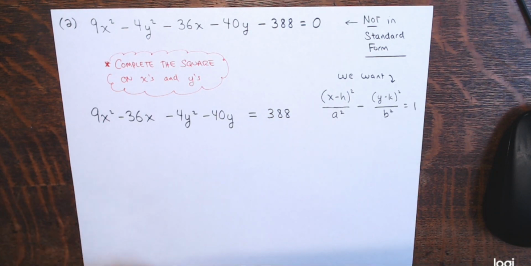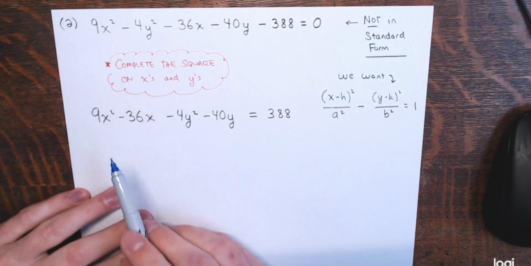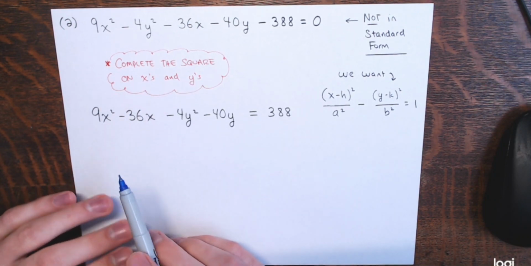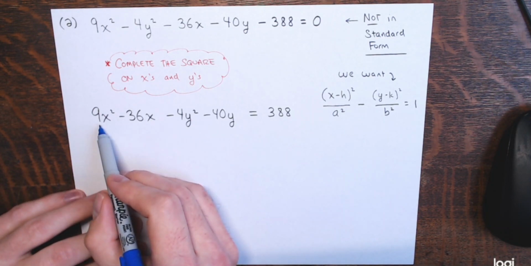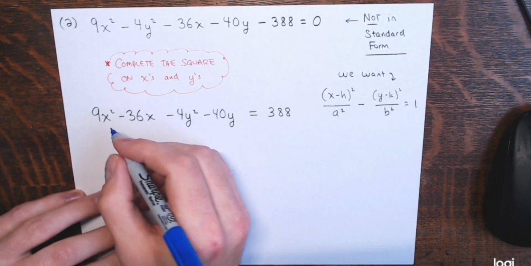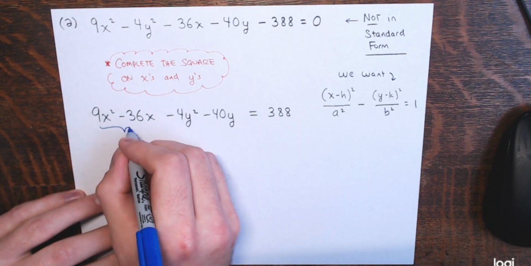Okay, now remember to complete this, we'll do these separately, the x's and the y's. Remember to complete the square, the coefficient of the square term had to be positive 1. Well, the coefficient of x squared is positive 9, not positive 1. But that's easy to fix.